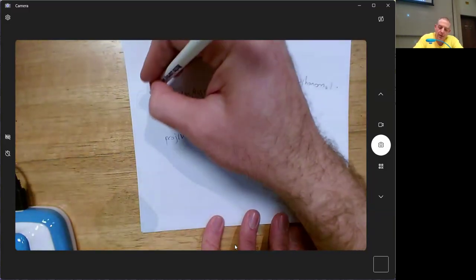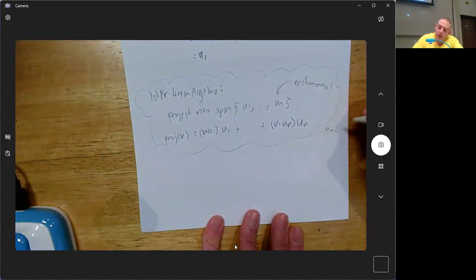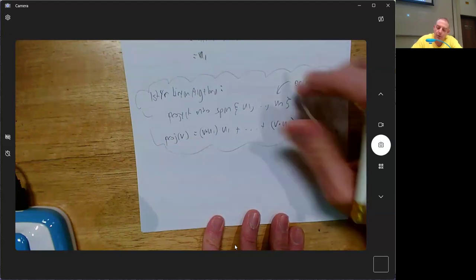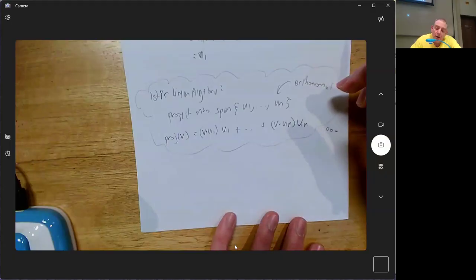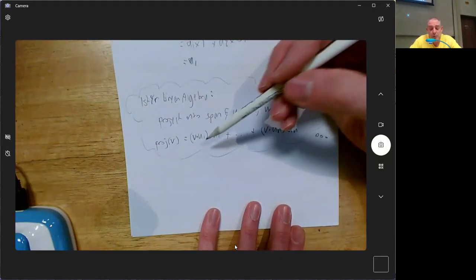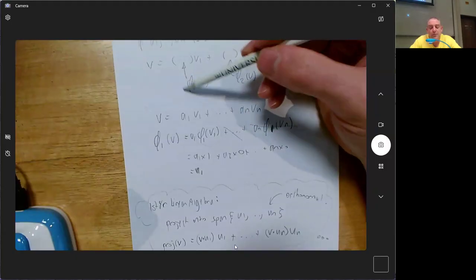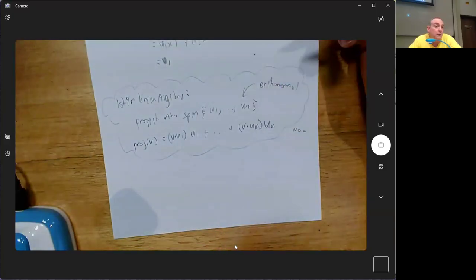So that was how orthogonal projection worked in the past, and this is very similar, but the action we're doing is these functionals phi 1 up to phi n, as opposed to doing dot products, but dot products will work too.